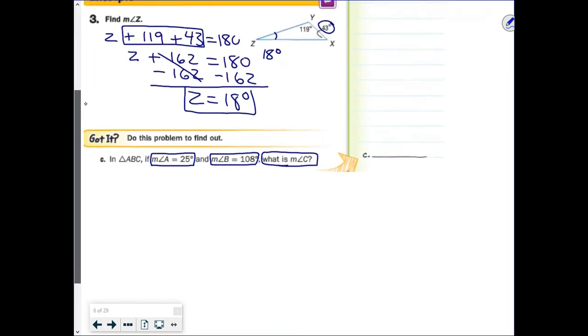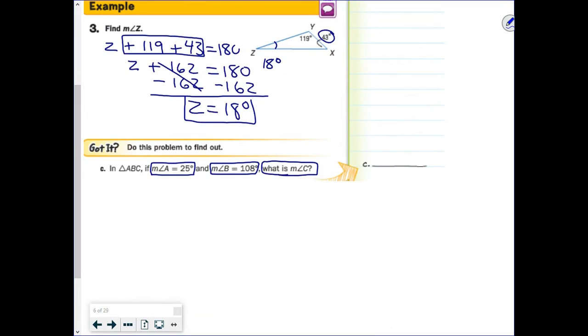Go back up here. This equation that we wrote just had the missing angle and the two other angles in it, and they had to equal 180 degrees. I don't need the picture. I just need to know that angle Y was 119 degrees and angle X was 43 degrees in order to write my equation. So you should still be able to do letter C, even though you don't have the picture.